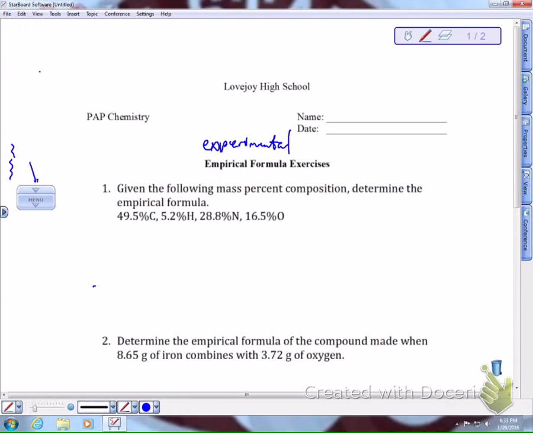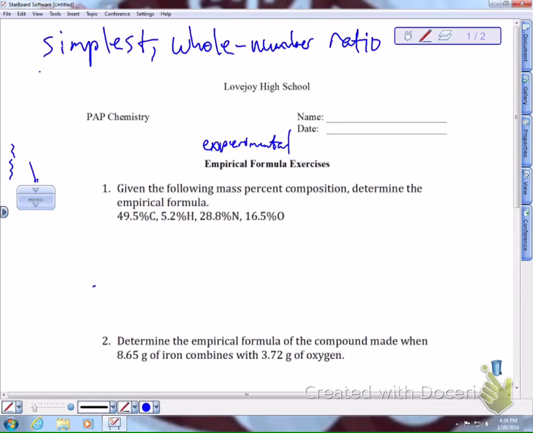And so, again, the final definition of empirical formula, I'll write at the top of the page here, is the simplest whole number ratio of the elements in a compound.